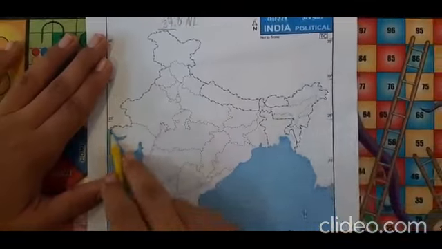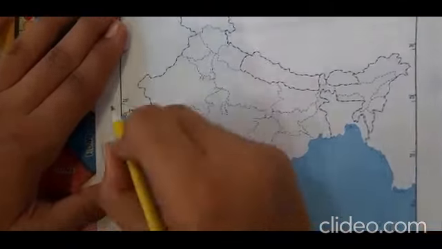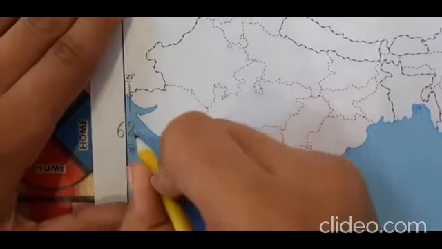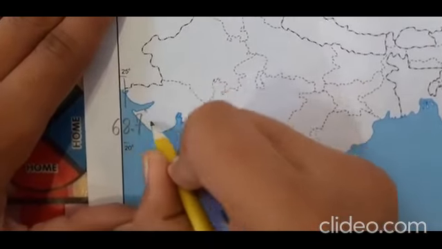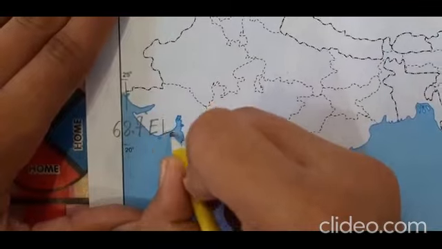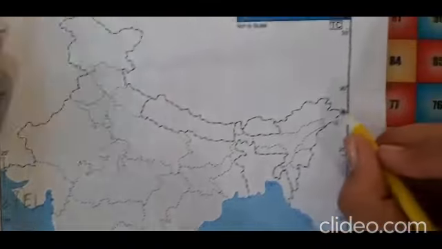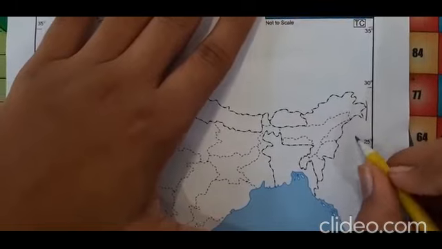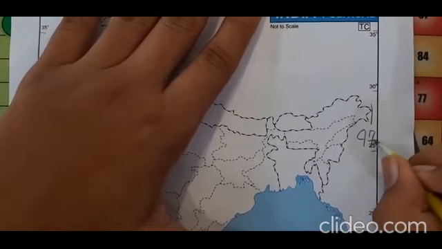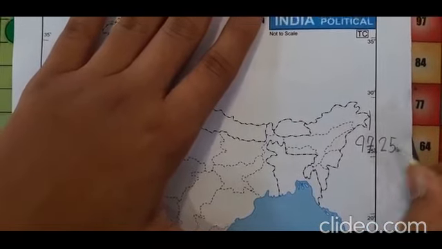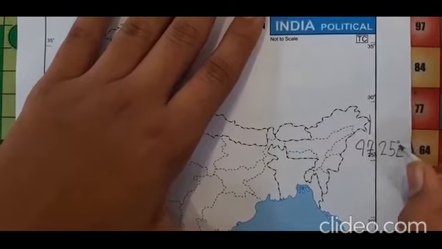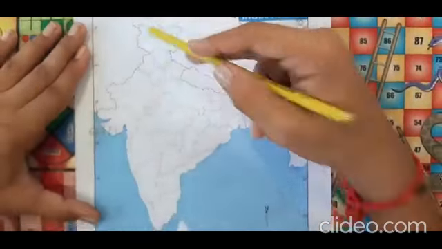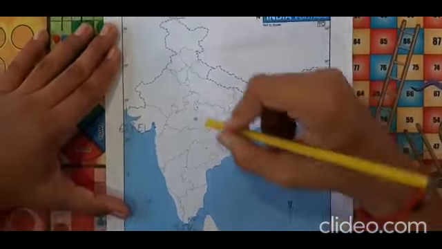From Gujarat to Arunachal Pradesh, at Gujarat, it is 68.7 degrees east longitude. At Arunachal Pradesh, it is 97.25 degrees east longitude.